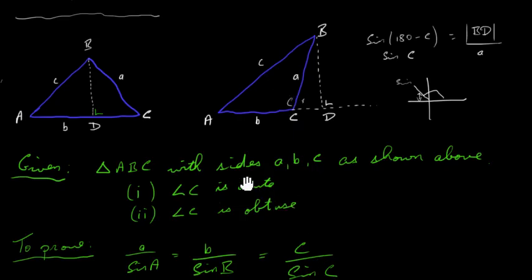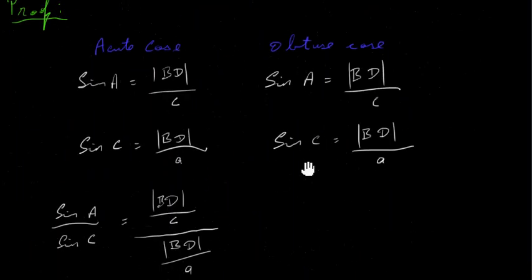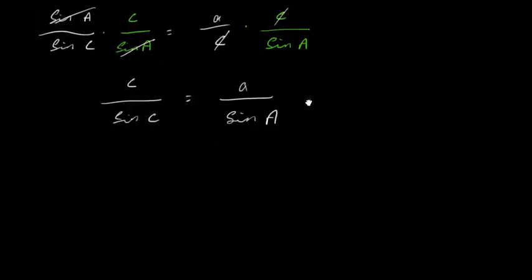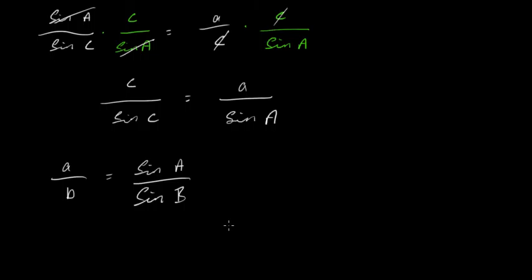Repeat the whole process again, and I won't go through the process, maybe you could try that yourselves, but you will end up with A over B equal to sine A over sine B. Then if you multiply out as we've done up here, you would end up with a over sine A equals b over sine b.